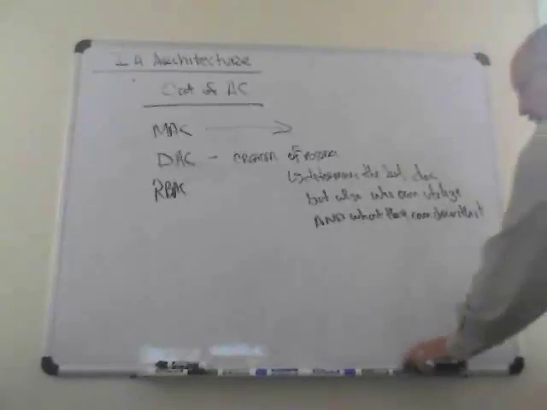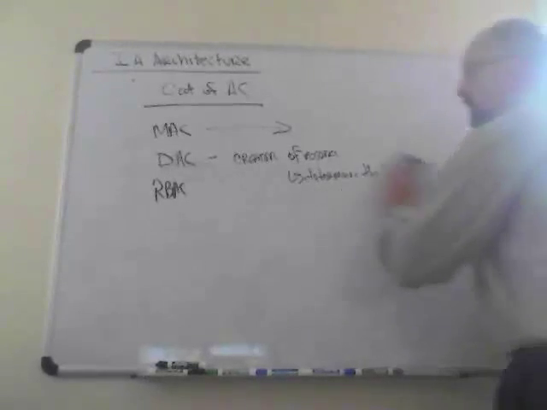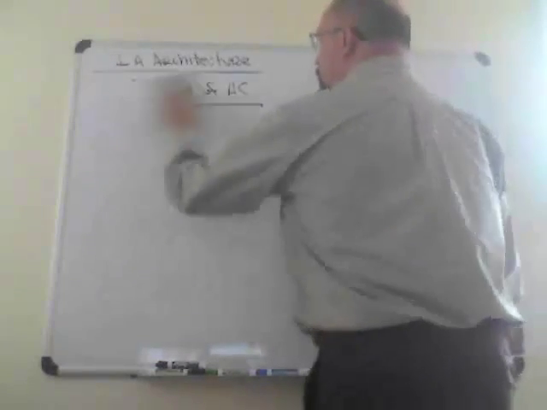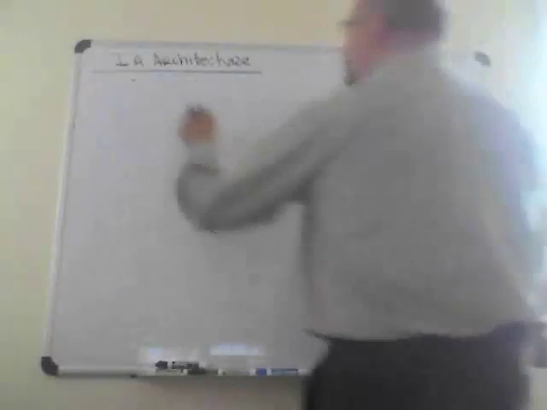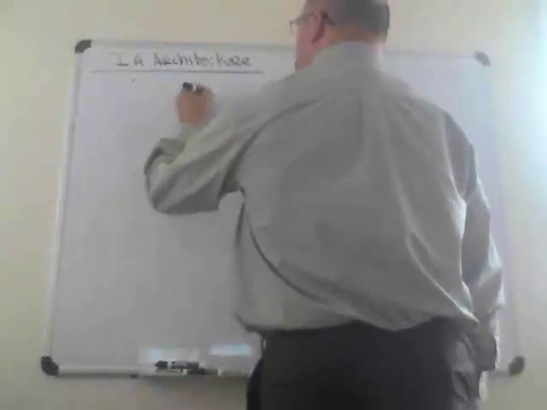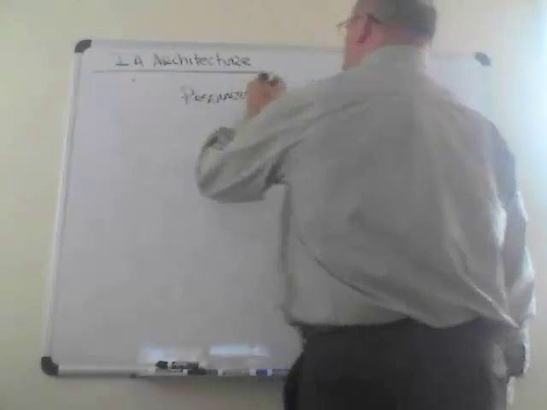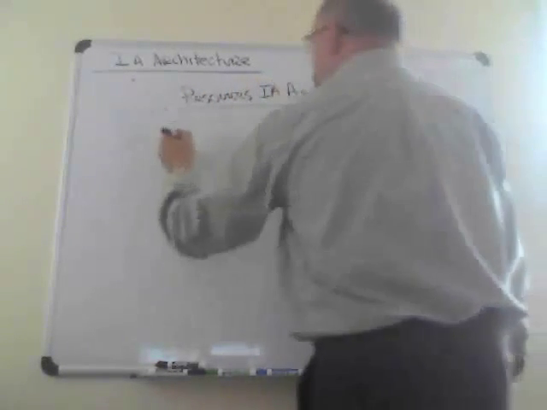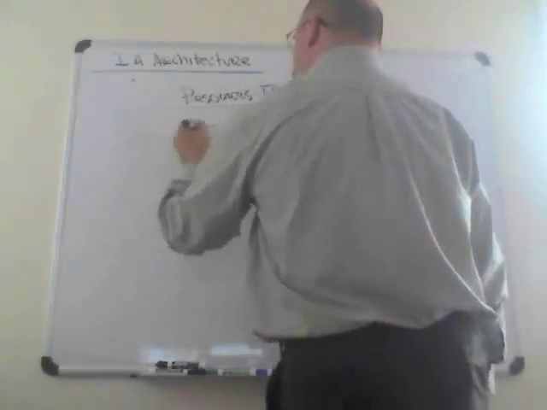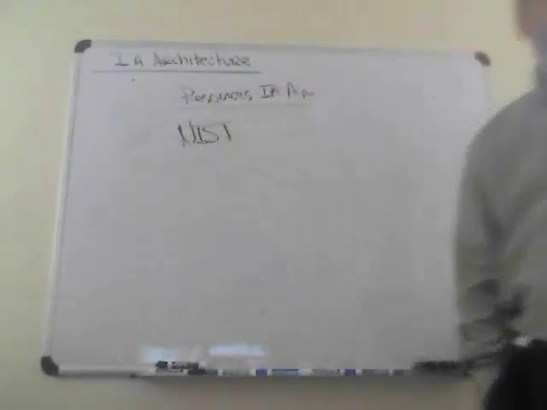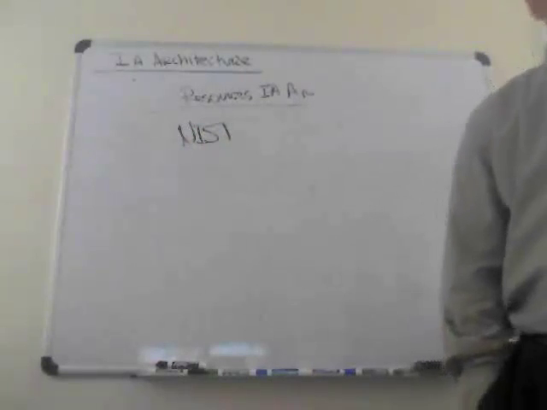I had mentioned earlier that I wanted to share some of the common resources for you to get into IA architecture. And I'm going to point you right to the National Institute of Standards and Technology because they have some really great ones. Number one, they're publicly available.